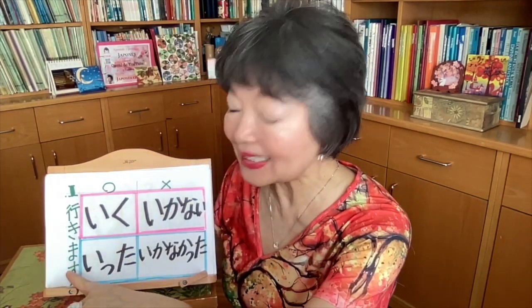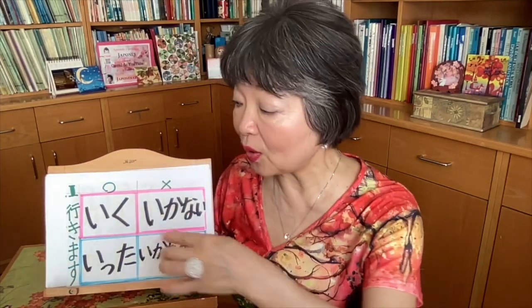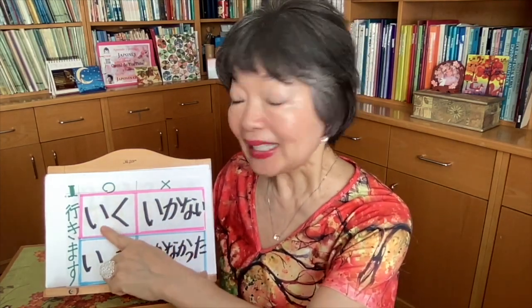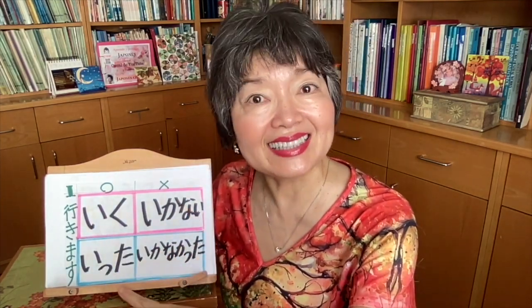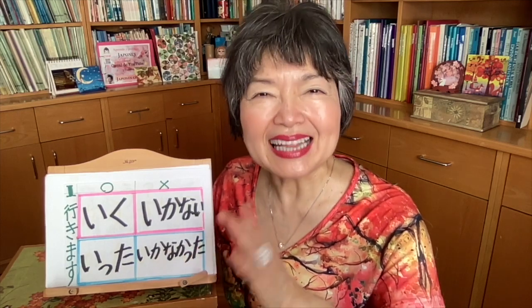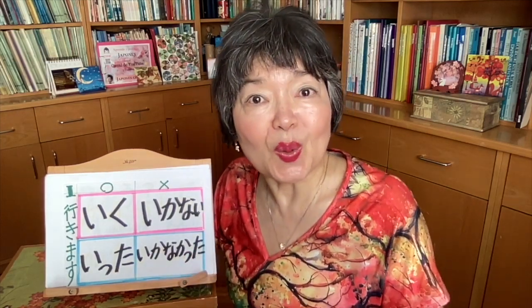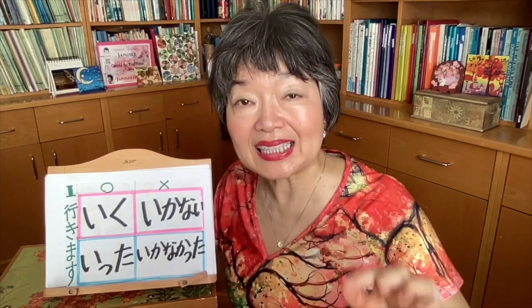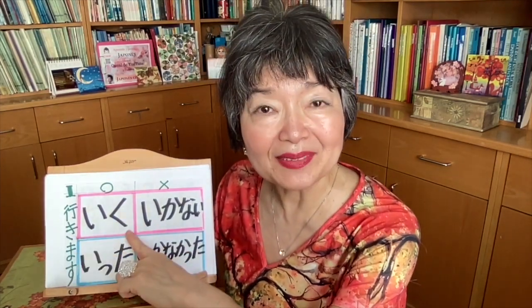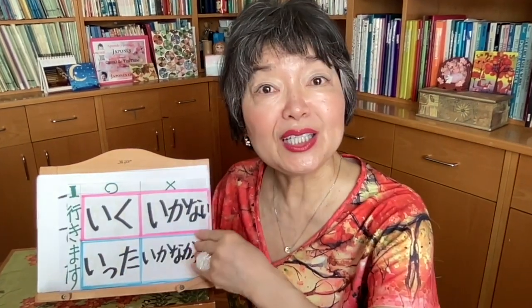The 普通形 has 4 forms: 行く, 行かない, 行った, 行かなかった. In this case, "are you going with me, right?" is affirmative and present. So we're going to use 行く: 一緒に行くでしょう, 一緒に行くでしょ, 一緒に行くだろう.